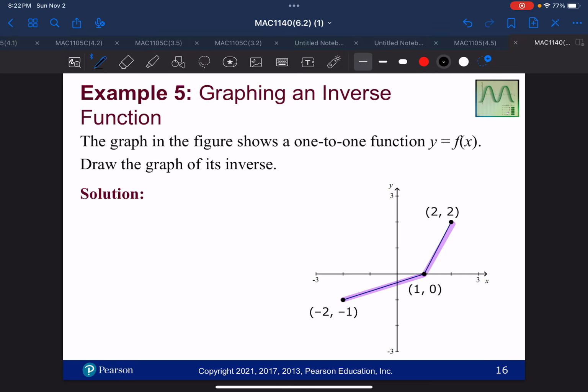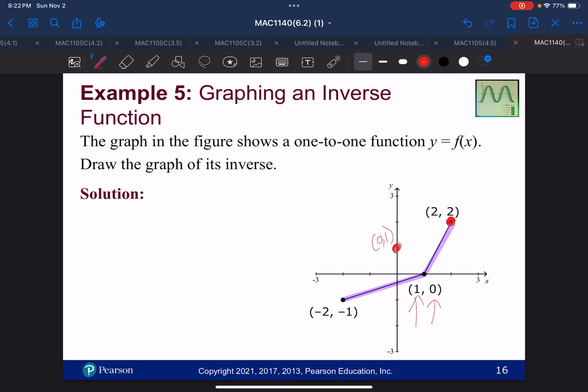So to find the points of the graph of the inverse, all we do is switch the coordinates. So if I have 2, 2 here, if I switch those coordinates, I would still have 2, 2. So here's the point on my inverse function. And then the next point, 1, 0, this would become 0, 1, so that would be right here.